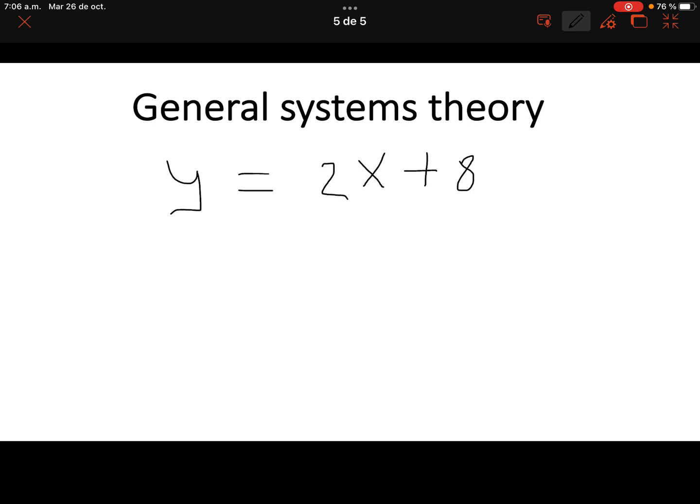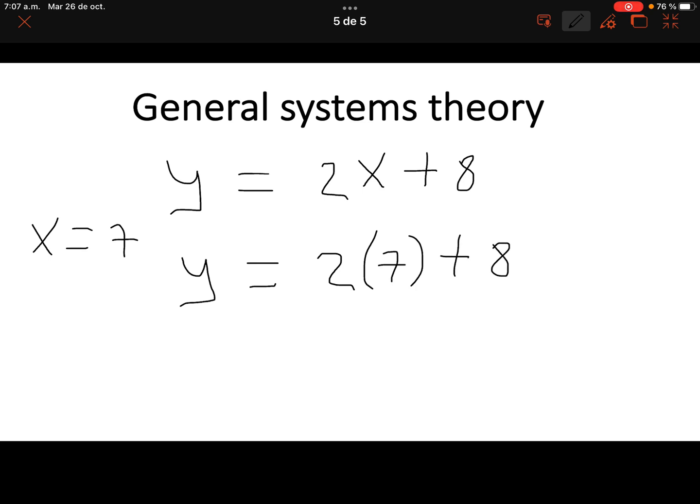What happens if in Ottawa the temperature is 7 degrees? Okay, then let's do it. Then Bogota's temperature is equal to twice Ottawa's temperature, that in this case is 7 degrees, increased by 8 degrees.